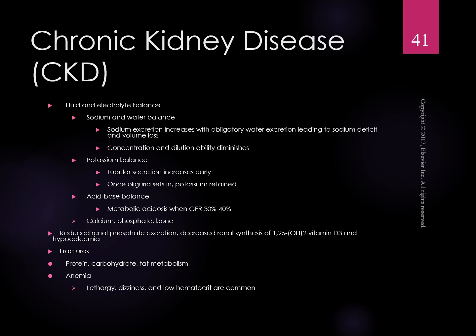Acid-base balance: we have metabolic acidosis when the GFR is 30 to 40%. We have calcium, phosphorus, phosphate, and bone issues. We have a reduction in renal phosphate excretion, decreased renal synthesis of 1,25 vitamin D3 and hypocalcemia.